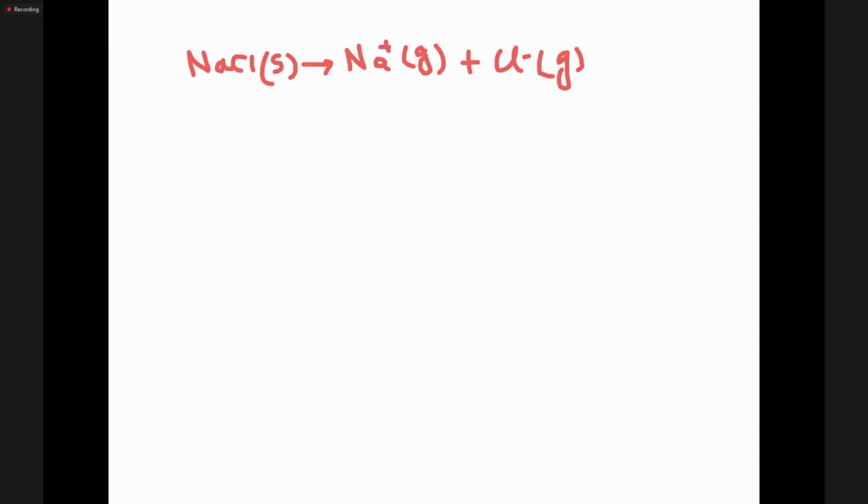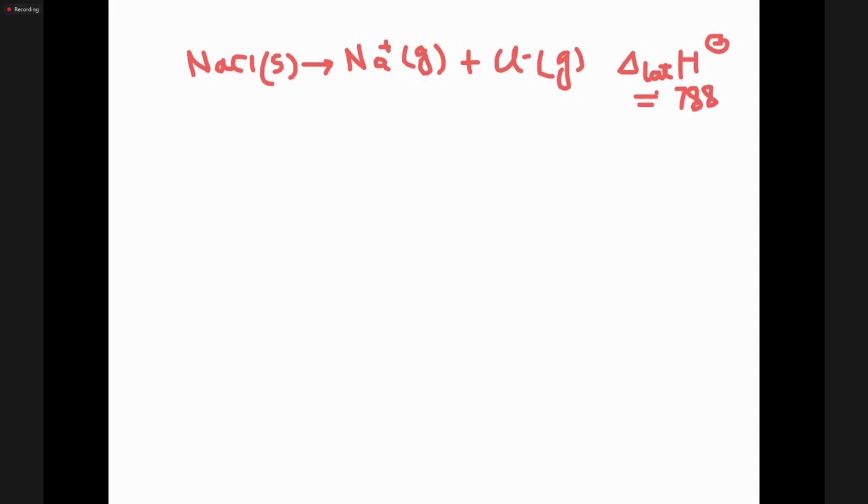In this procedure, we saw that the lattice enthalpy of NaCl is around plus 788 kilojoules per mole.